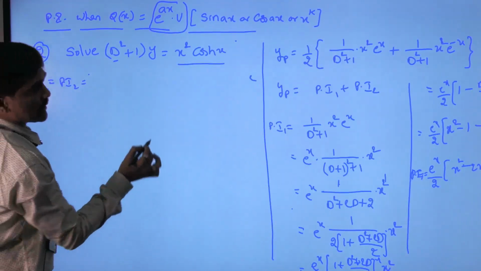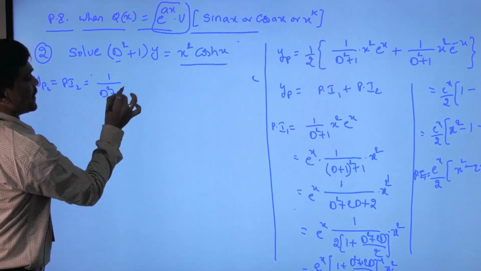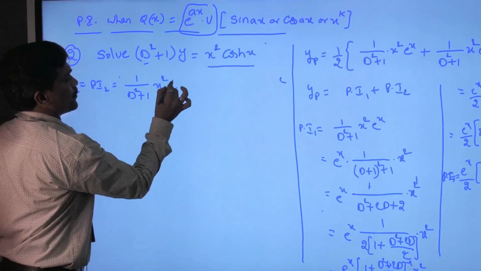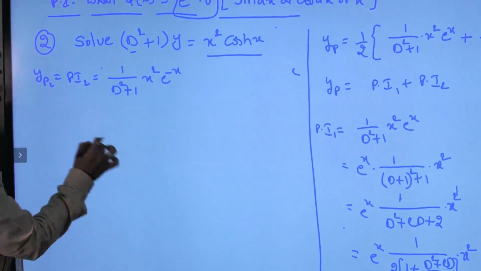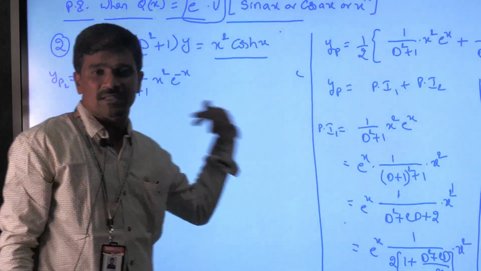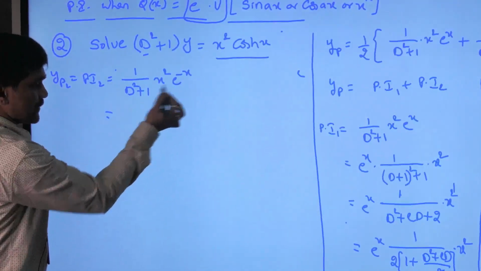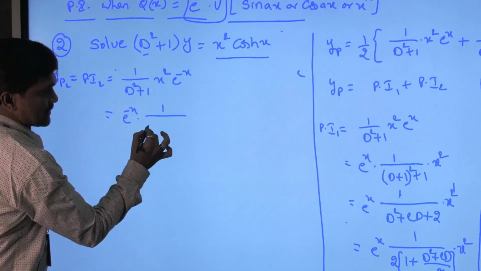So that is written as 1 by (D² + 1) x² into e^(-x). Just the same procedure, but replace D with D minus 1. So first of all write e^(-x) first, then replace D with D plus a.